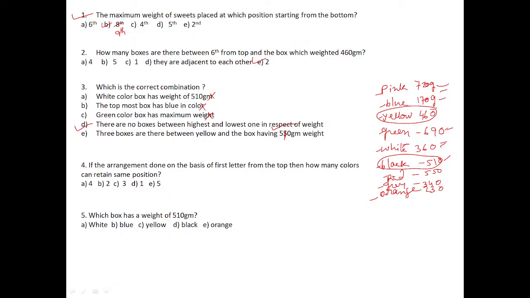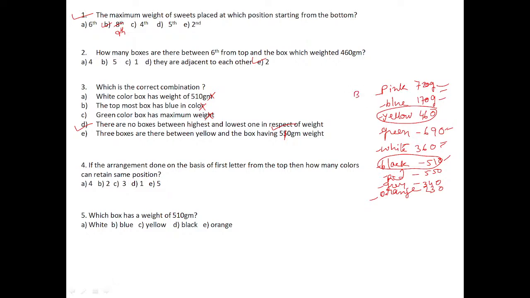If the arrangement is done on the basis of first letter from the top, then how many colors can retain the same position? Okay, so we have to write it in alphabetical order on the basis of first letter from top.